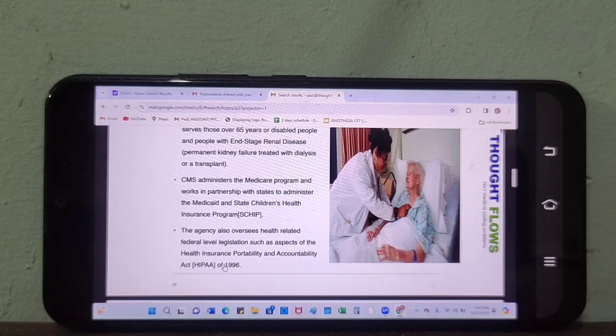We are not able to discuss it with others. Every patient's health information is very confidential. We do not have the authority to share it with our friends or with our family members. We cannot discuss their health information.